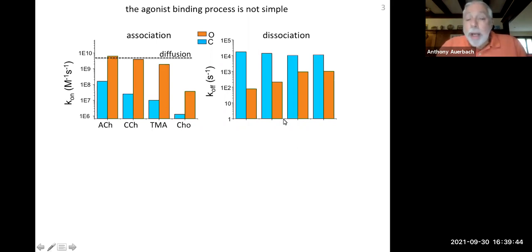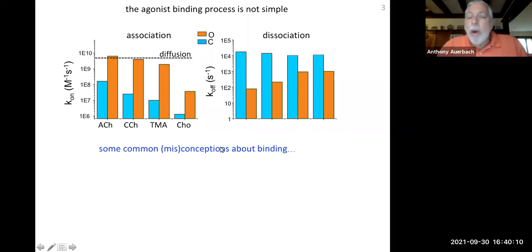This was not a complete surprise because Claudio Grosman had done a different kind of experiment, much more indirect, but came up with the same result, that getting into O is faster than getting into C. So this suggests there's a conformational change for the agonist required to get into the C state that's not required to get into the O state.